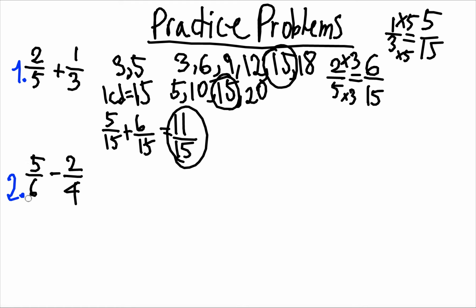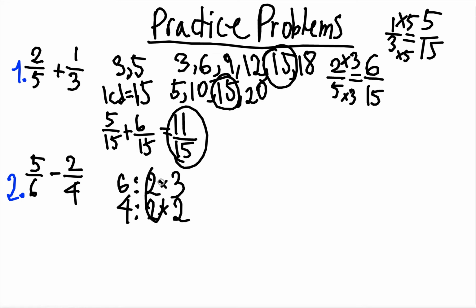We have 5/6 minus 2/4. Let's do this problem with method 2. Let's lay out the prime factorization of 6, 2 times 3, and the prime factorization of 4, 2 times 2.